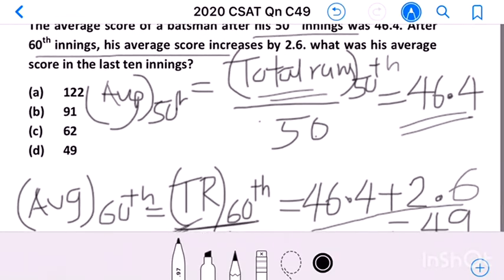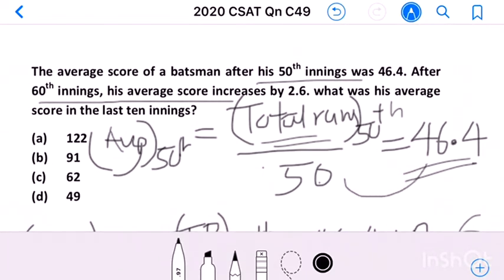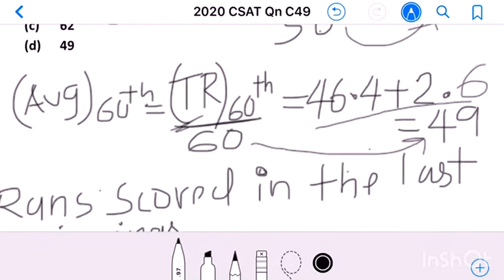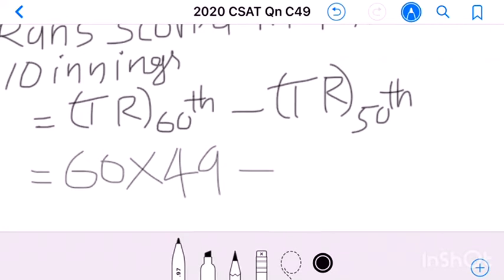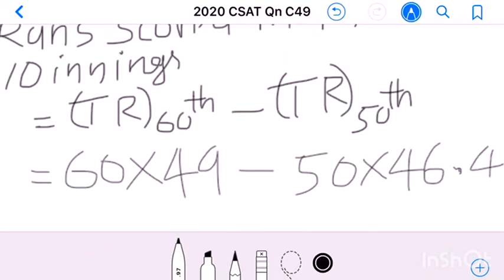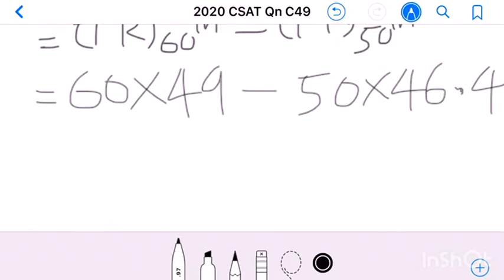Take this 50 to the right side, then it becomes 46.4 into 50, we get total runs after 50th innings. That is 50 into 46.4. Then after simplifying this, we get total runs scored by him in the last 10 innings, all divided by 10, we get our required answer.